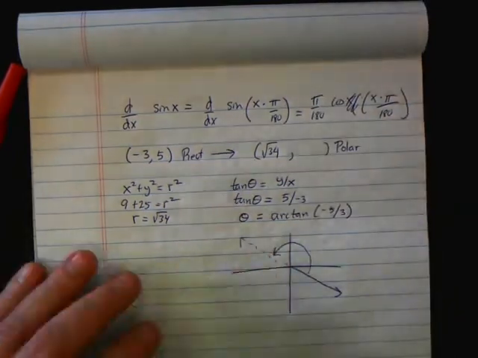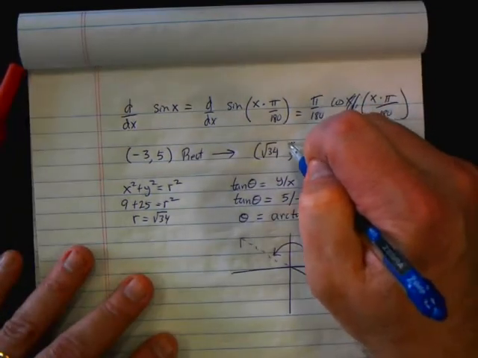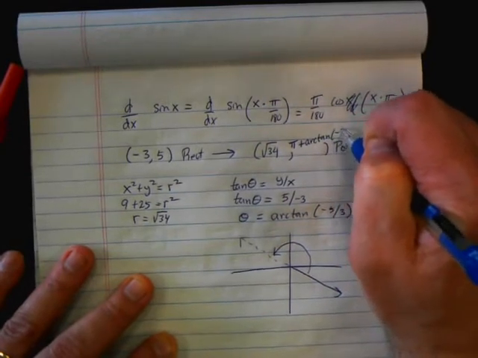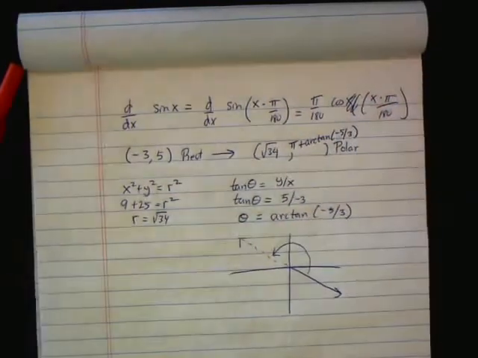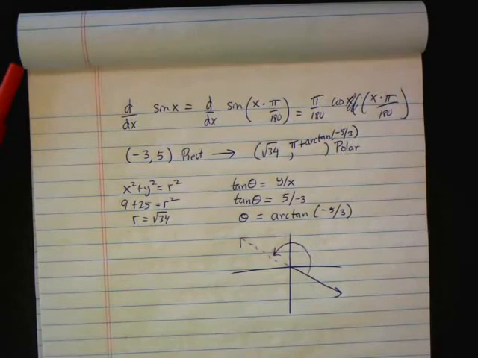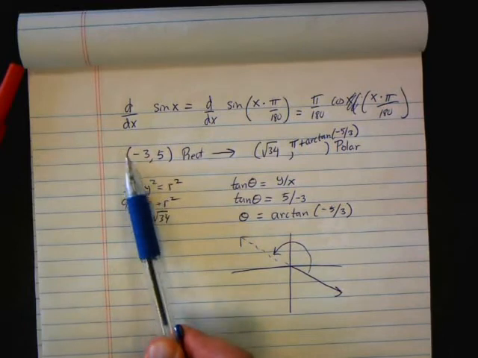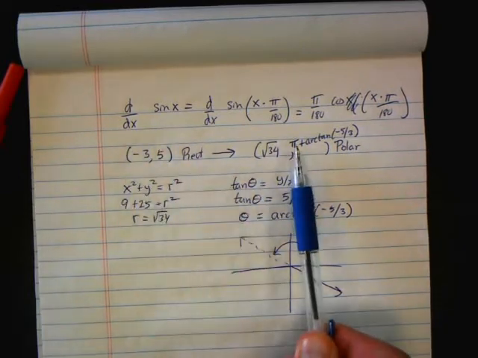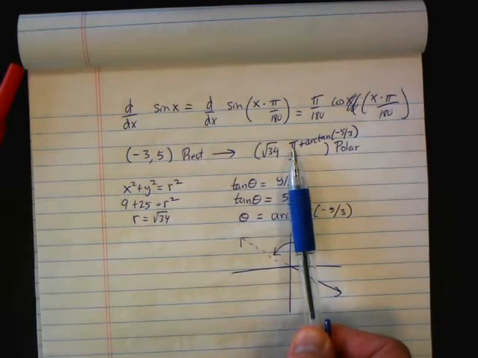So the correct angle is pi plus arc tangent of minus 5/3. So that's something you'll need to watch out for. If your original point is in quadrant 2 or quadrant 3, you're always going to have to add pi to your angle to get it to be in the right quadrant. Questions about that?